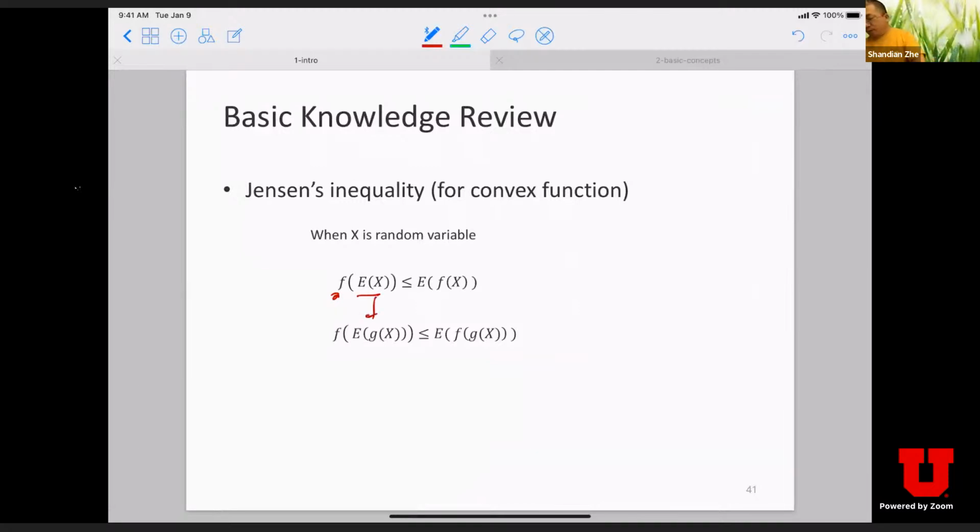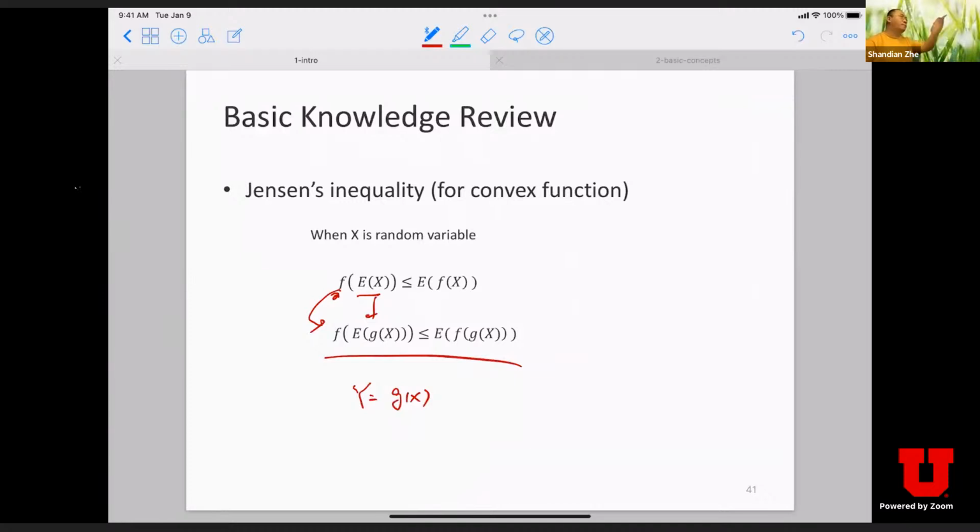If you define another random variable which is a function of x, like g(x), and apply the preliminary Jensen inequality again, you immediately get this. There's a trick: if you observe a composite function where the outer function f is convex and the input is just some transformation of x, then you can use this trick to show some inequalities.